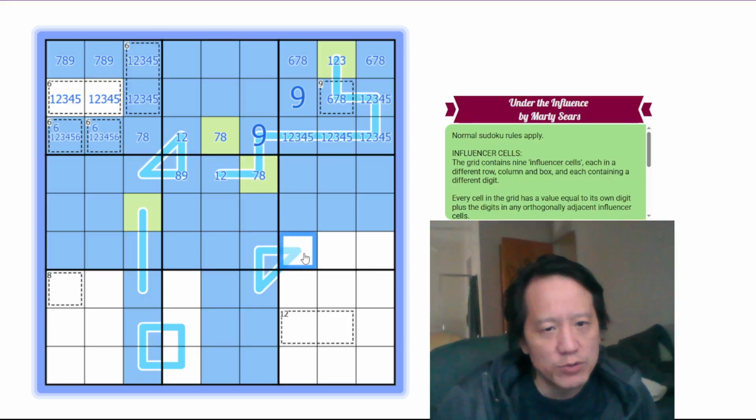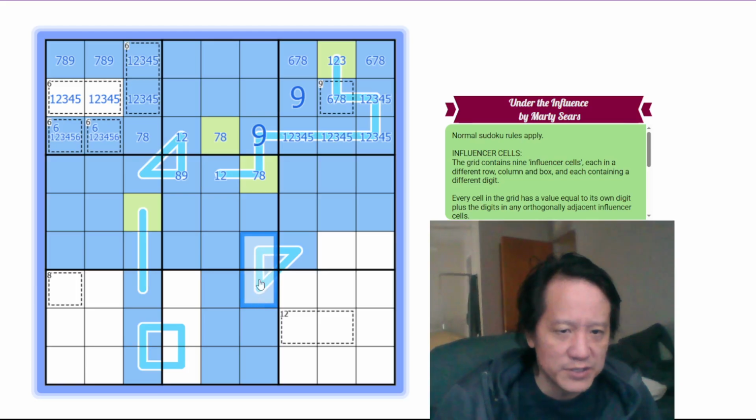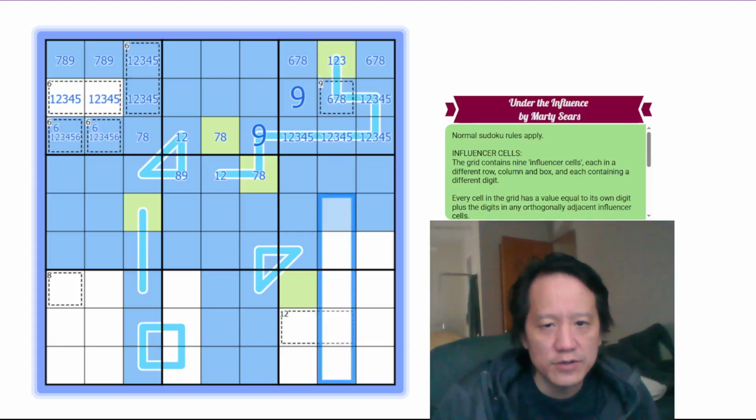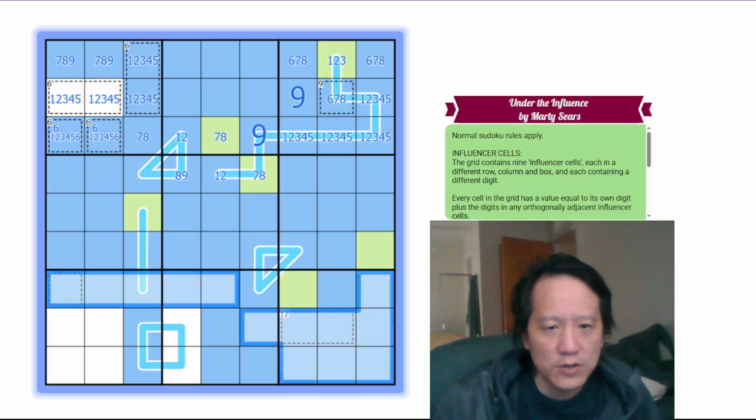The value of this cell would then be exactly the same, which is not allowed. So this cannot be an influencer, because if it were, that would fail. These two, one of them has to have an influencer, otherwise they would be the same digit. This has to be the influencer then. This cannot be influencer down here, so that means influencer is over there. No influencer here or here.